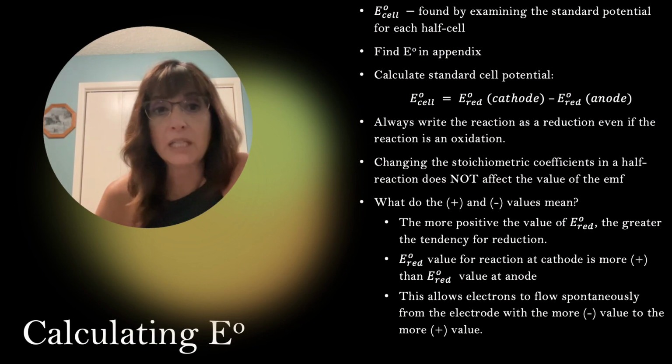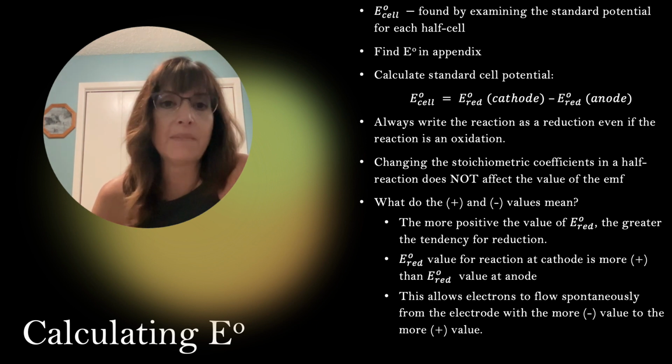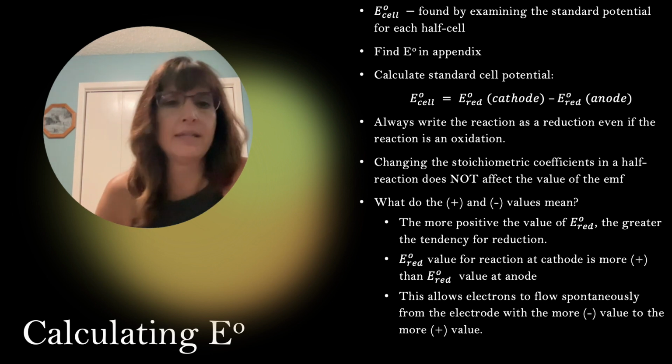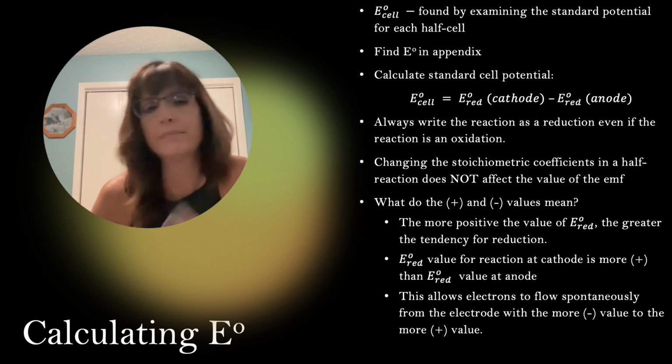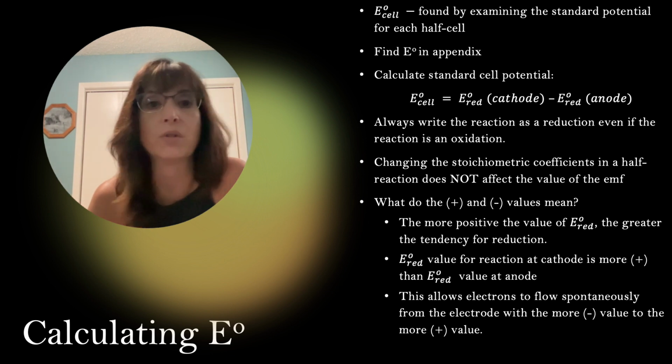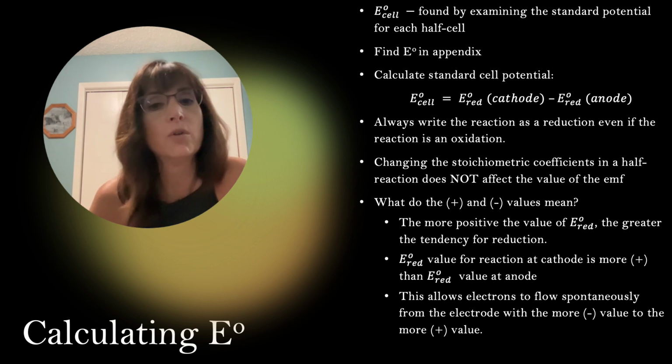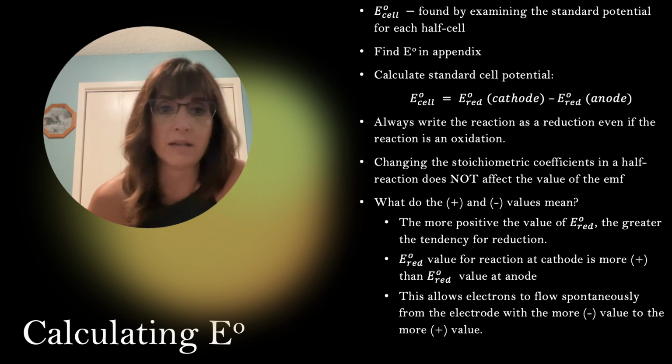So how do we calculate E? It's actually pretty easy. It's found by examining the standard potential for each half cell. And we use an appendix in the back of our book, or online resources are also available. To calculate the standard cell potential, you literally are just subtracting. You take the number that goes with the element that's reduced, and you subtract the element that's being oxidized.